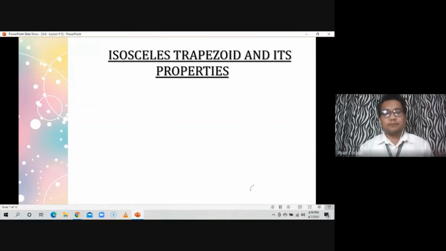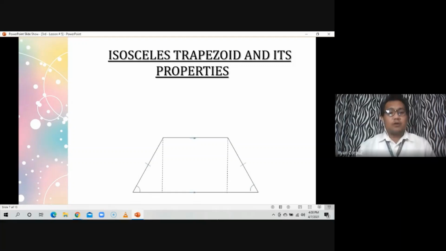Now, this time let's talk about isosceles trapezoid and its properties. We have defined already yung tinatawag nating isosceles trapezoid. So, yung isosceles trapezoid, ganito yung itsura niya. Alam natin na ang trapezoid ay meron siyang exactly one pair of parallel opposite sides.